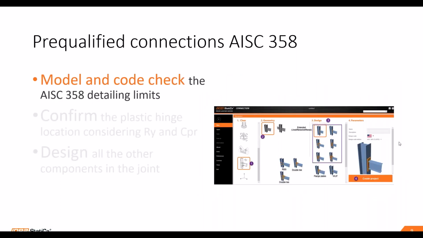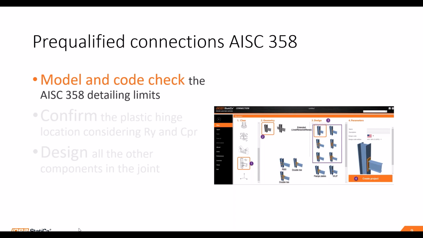So how is the current workflow for pre-qualified connections in StatiCa? As I said, you can always model the connection, but now we can code check the AISC 358 detailing limits. So you will see those limits on the screen automatically while you're modeling your connection.